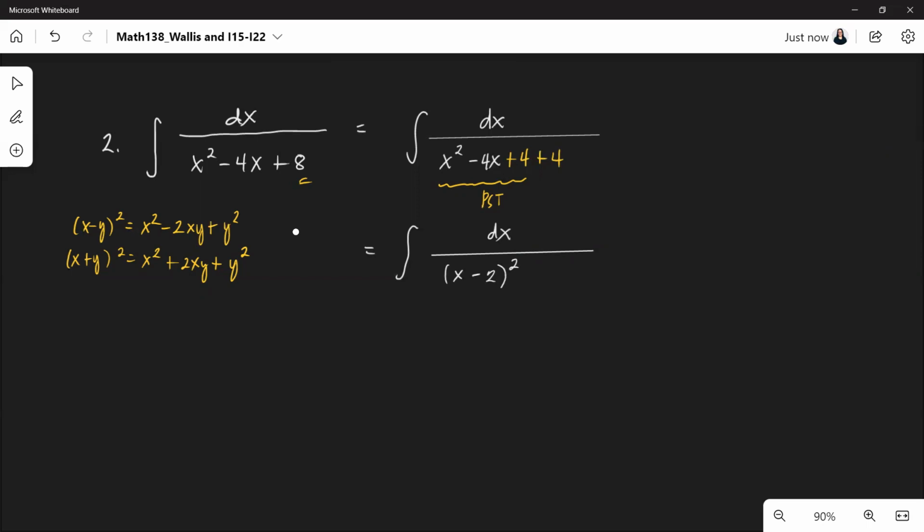The middle term is 2 times x times 2, or 4x, which is the middle term in this trinomial. So it's really a perfect square trinomial. And no problem with the 4, because you can write it as 2 squared.